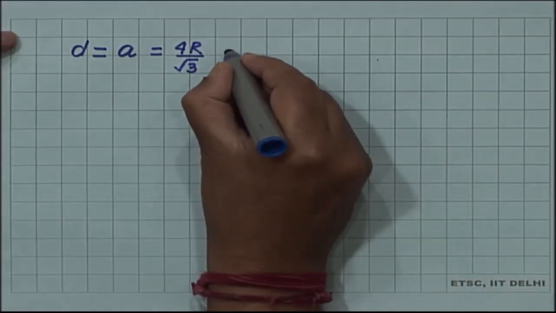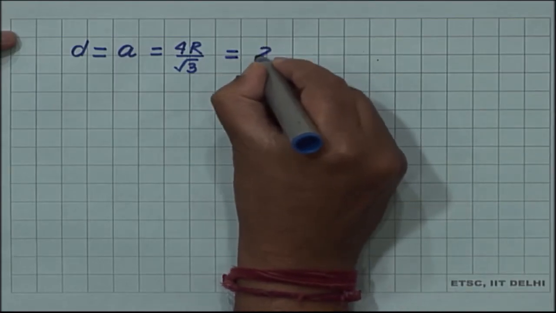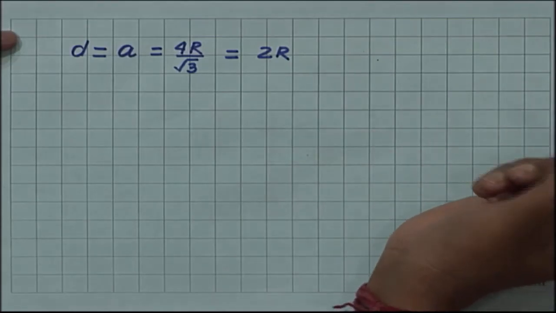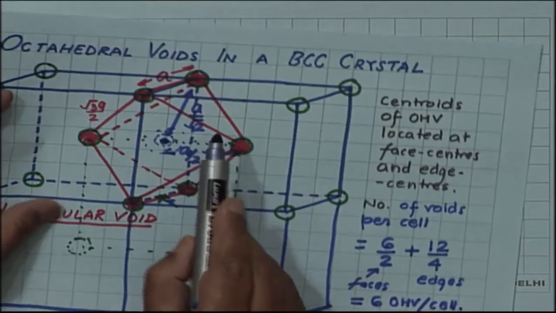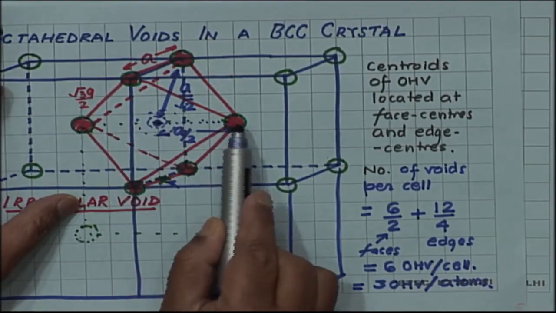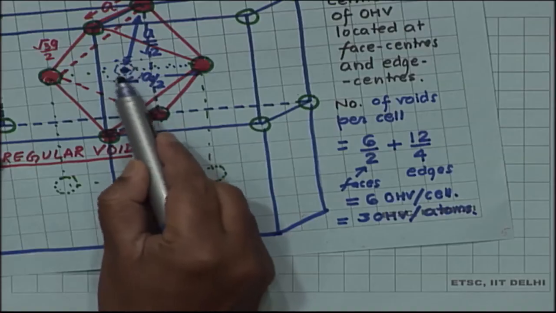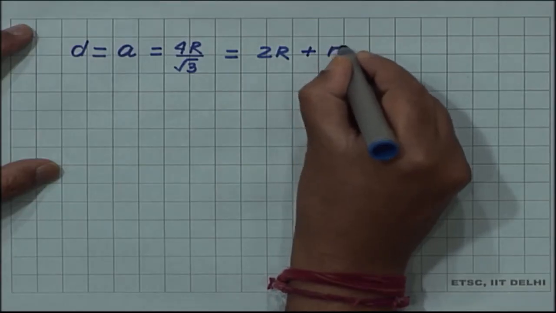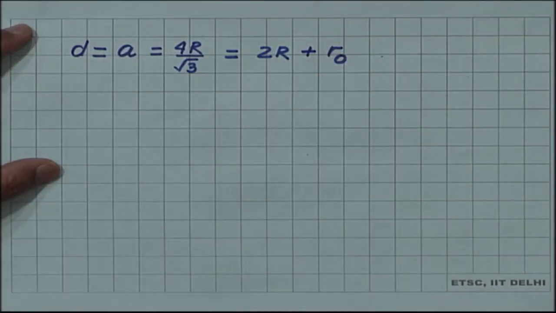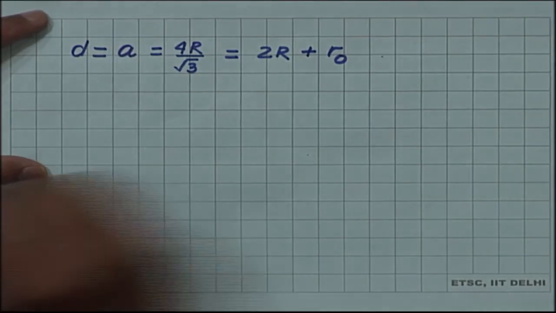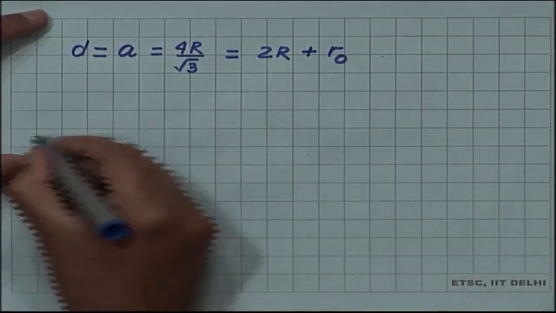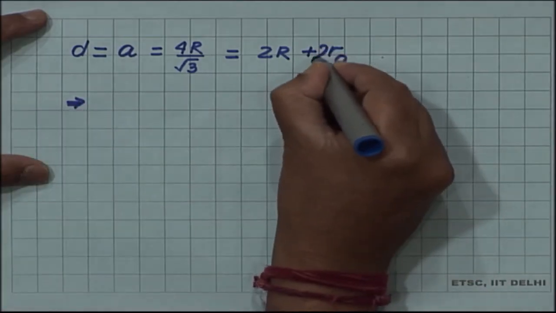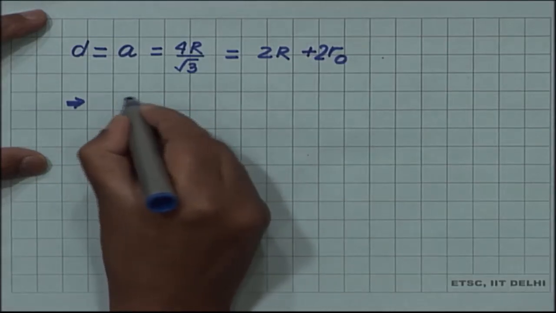and the same distance should be equal to the radius of two atoms here, this plus this. So, we have 2 r plus the diameter of the central atom, which we are calling the radius of the atom fitting in the octahedral void R O. So, we can quickly solve this.